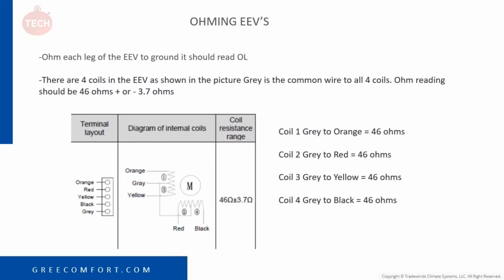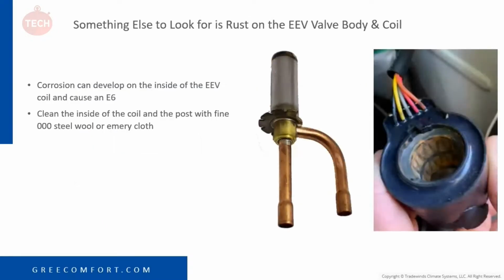And then ohming each leg to ground should be OL. If we have a reading between ground and any one of those colors, orange, red, yellow, black, or gray, then we have a grounded EEV, so we can replace that. Something else that could cause this EEV coil to ground would be some rust or corrosion. We mostly see this in areas located next to bodies of water, like the ocean.